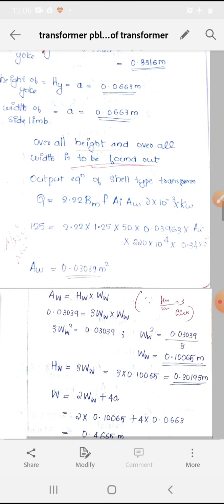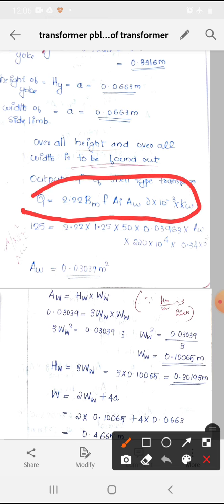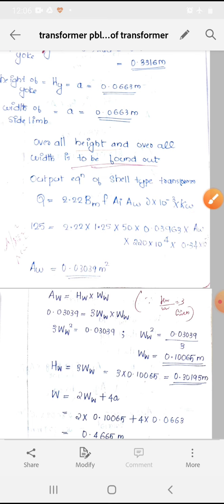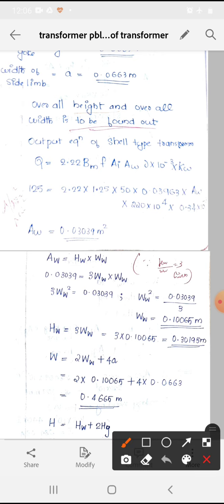So output equation of a shell type transformer is Q is equal to 2.22 Bm f Ai Aw delta into 10 raised to minus 3 into Kw. So we need to learn that equation by heart. In the equation Q is given, Bm, f, Ai, delta, Kw, everything is given. So from this equation we will get the value of Aw.